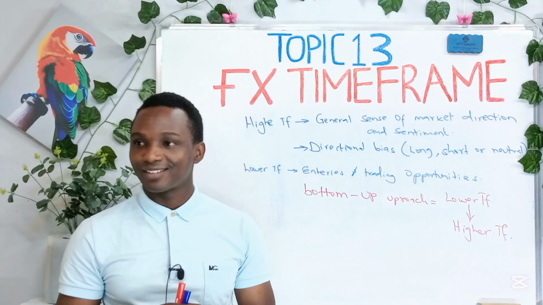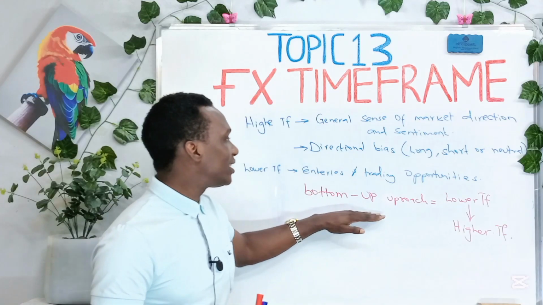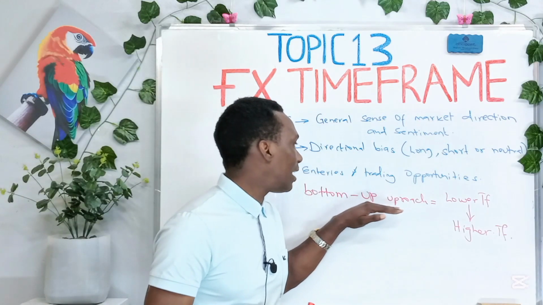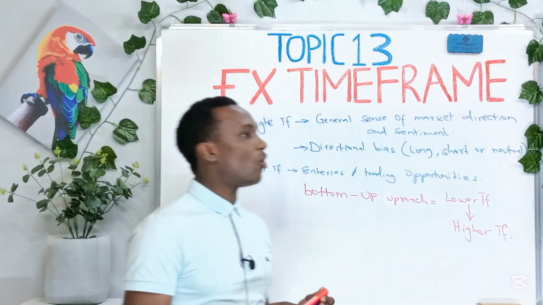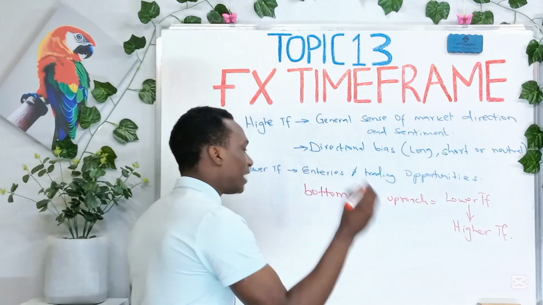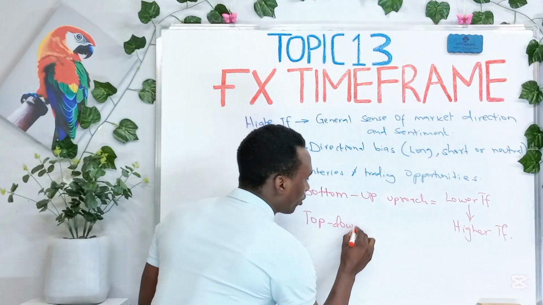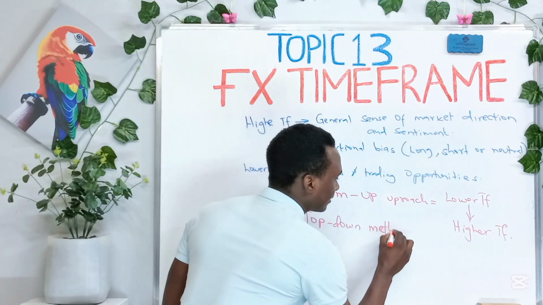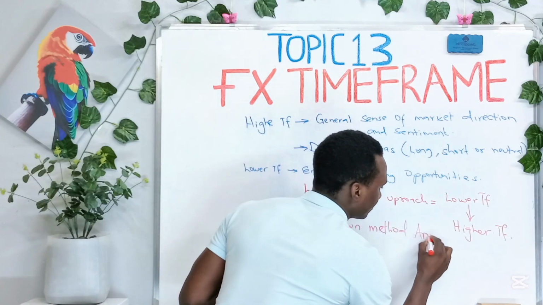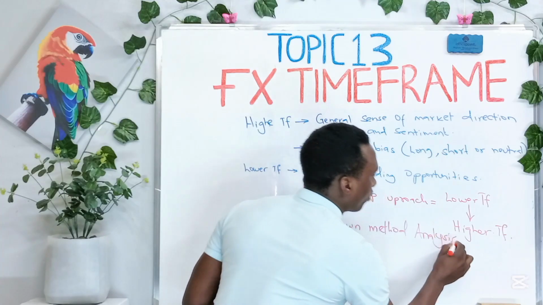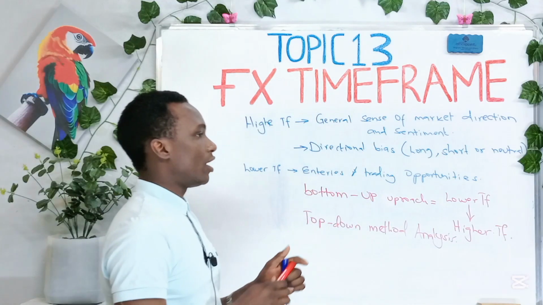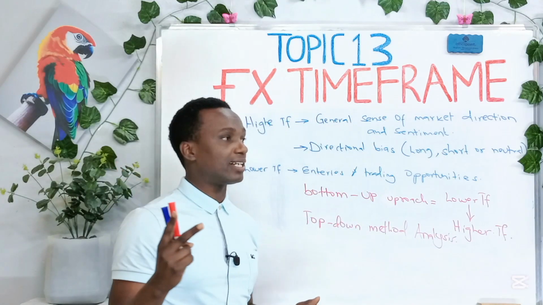So instead of using the bottom up approach, we are now going to use the top down method of analysis. For the two reasons we've stated, we recommend the top down method.